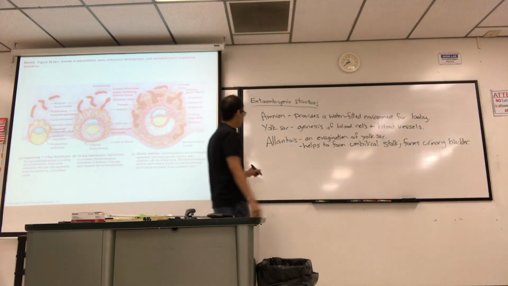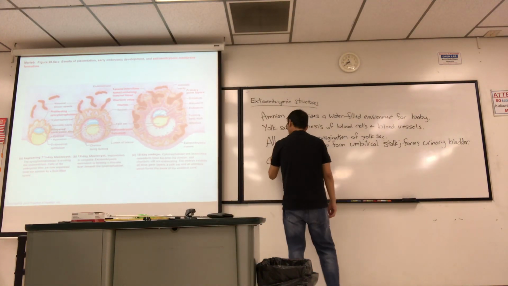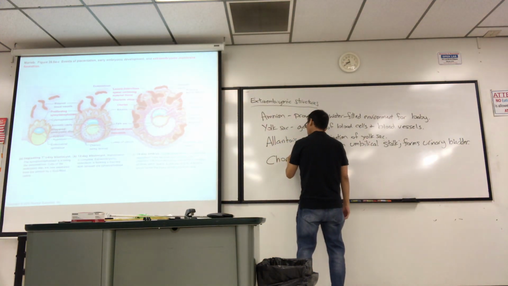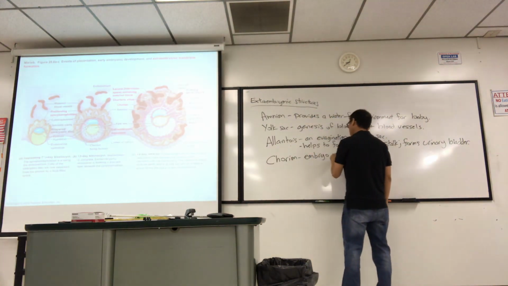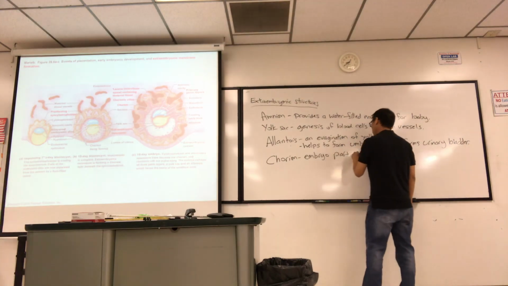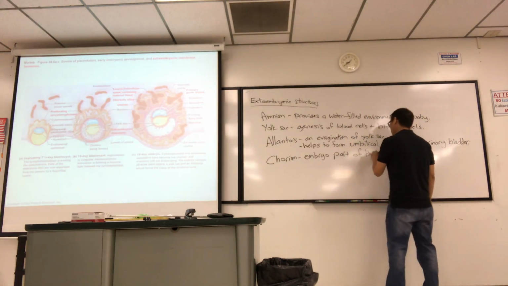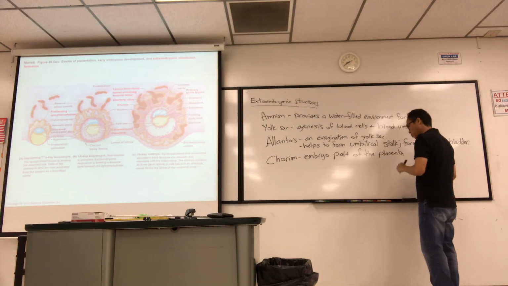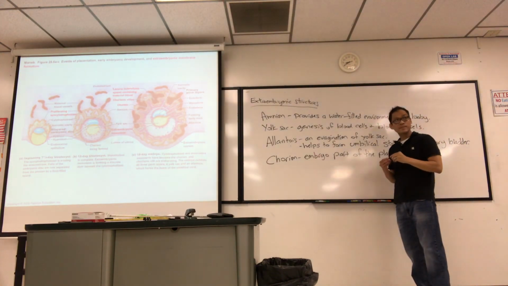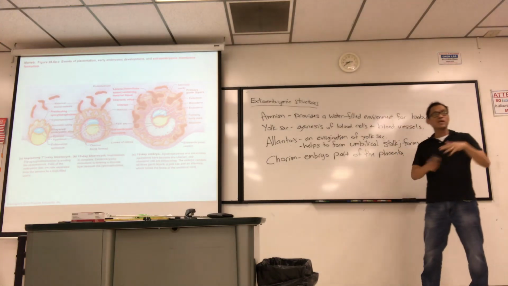Chorion. I'll describe it as the embryo part of the placenta. And let's remember what the maternal part was, the decidual basalis. They interact together for an exchange of blood.